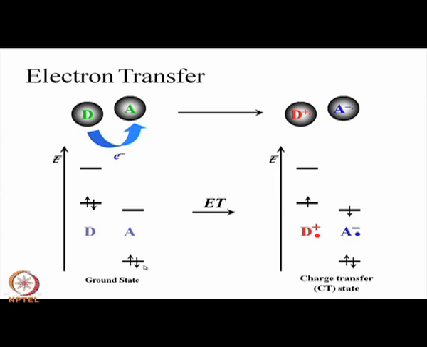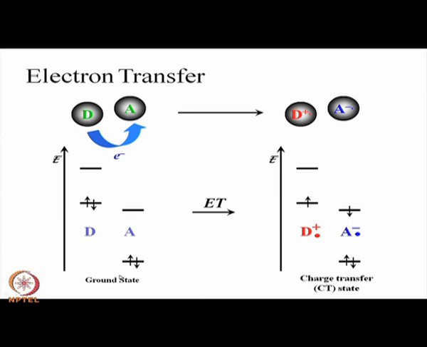So, this is D, this is A, and the electron is transferred from here to here, so that you have D plus dot and A minus dot. This is your normal charge transfer state, and this is your ground state.